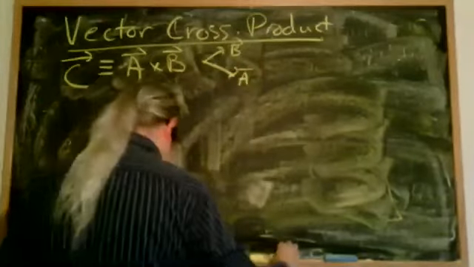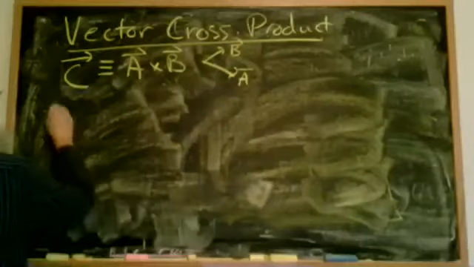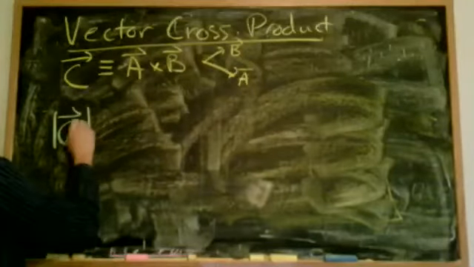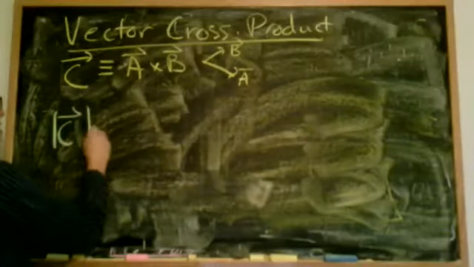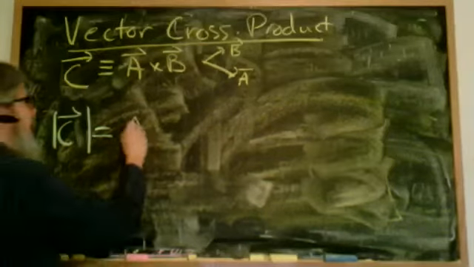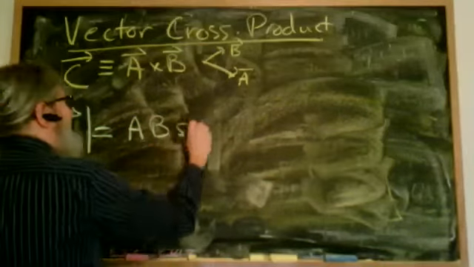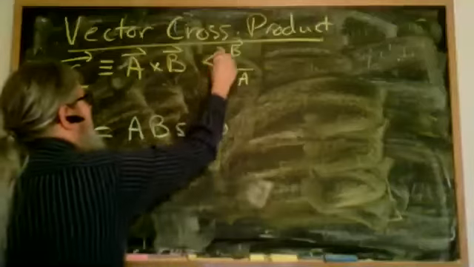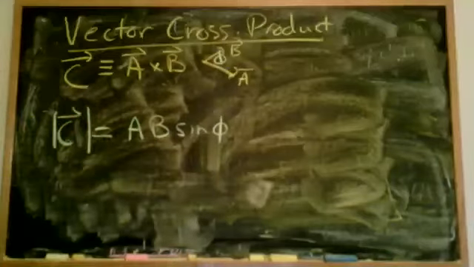Well, the first rule is that the magnitude of C is equal to the magnitude of A times the magnitude of B times the sine of the angle phi between them. All right, so that looks familiar. That's just like the torque, for example.